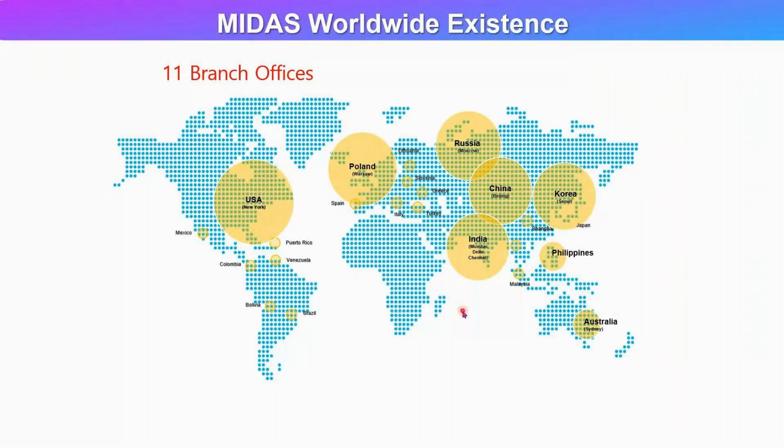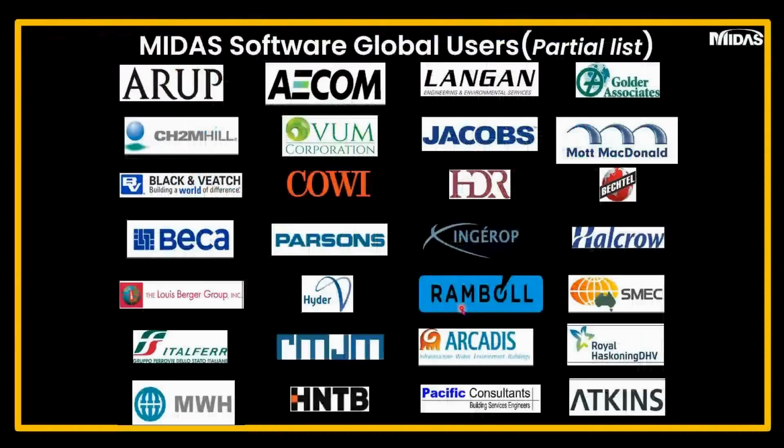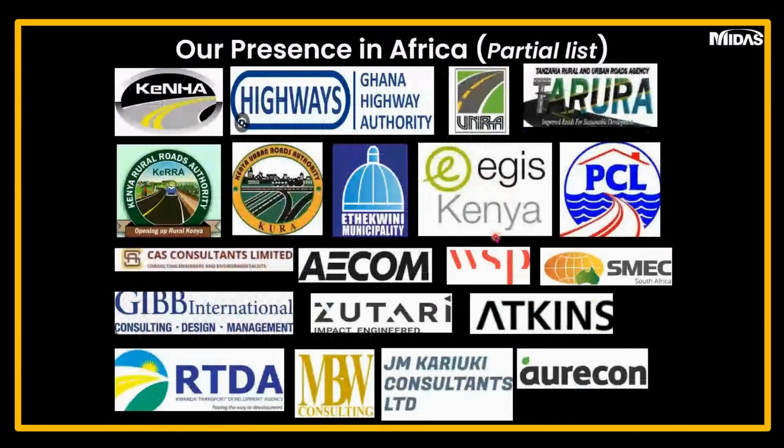Okay. And these are the power users of MIDAS software solutions who have been using our software for more than a decade, like Arup, Parsons, Jacobs, and many more. And if we focus particularly on the Africa region, okay, here we have users in the government organizations as well as private organizations.